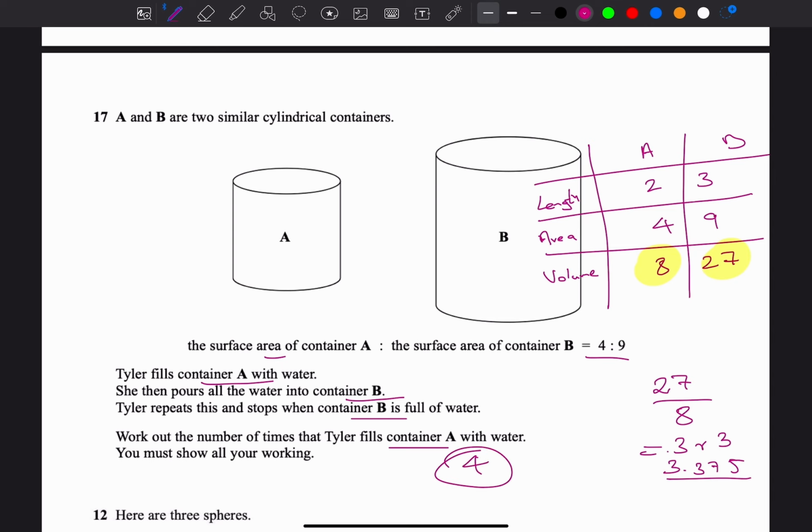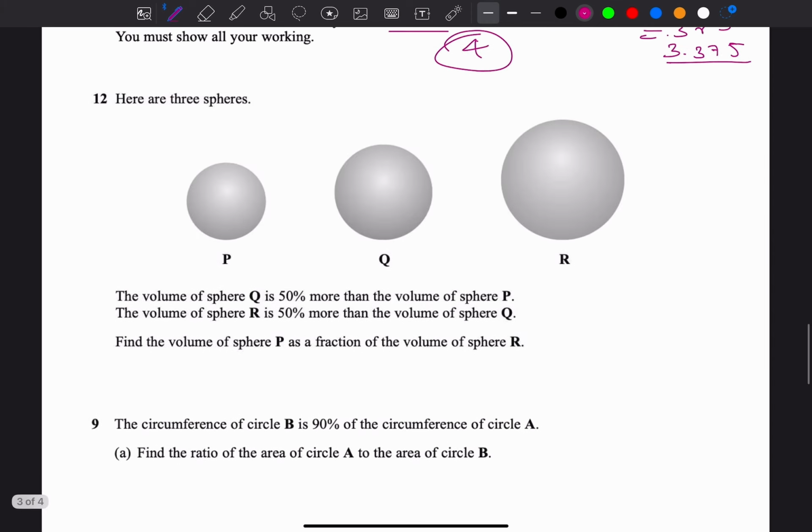in Q4. Okay, right, the volume of Q is 50% more than the volume of P. Let's say the volume of P is x. So the volume of Q, if it's 50% greater than that, is technically 1.5x. And the volume of R is 50% more than that.